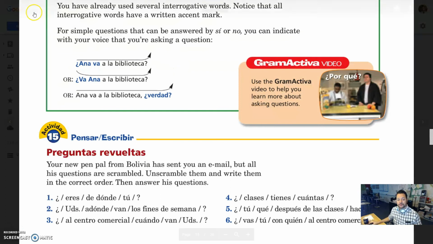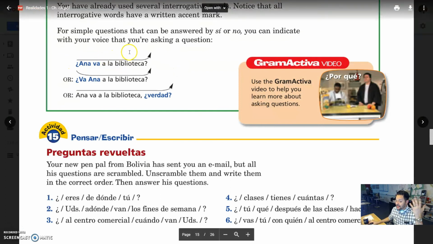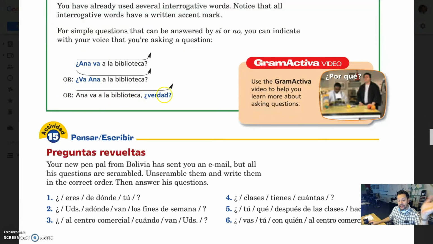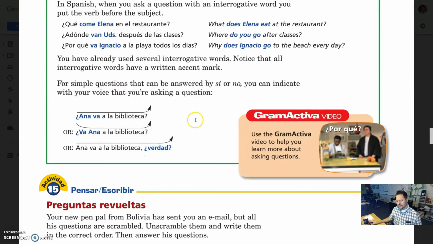So check it out. Ana va a la biblioteca, or va Ana a la biblioteca, or you can throw in the word verdad. Ana va a la biblioteca, ¿verdad?